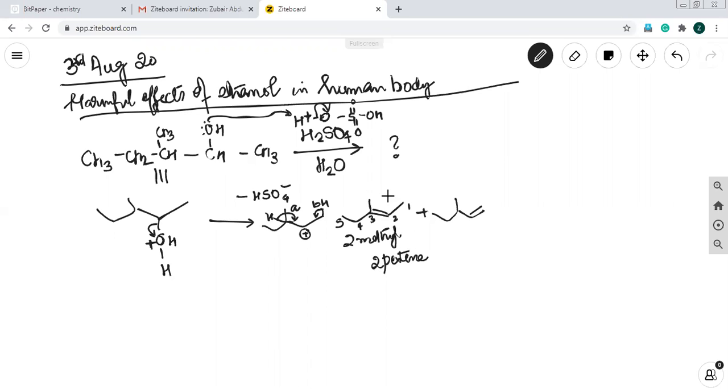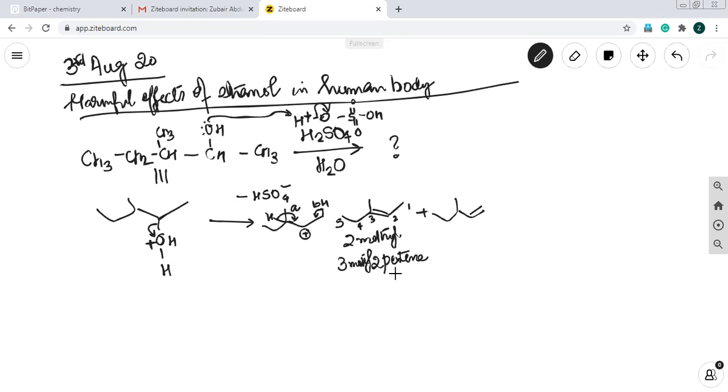2-pentene. Where is the methyl group? You have to put the methyl here. 1, 2, 3. 3-methyl 2-pentene. Sorry, let me recount: 1, 2, 3.